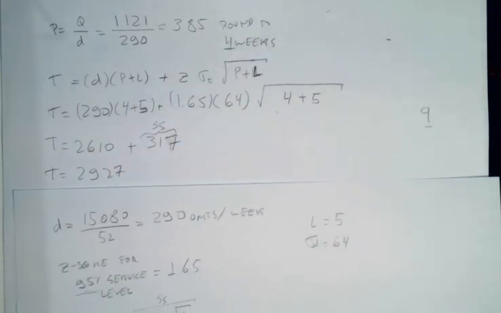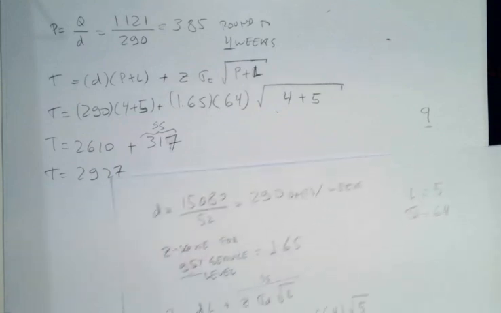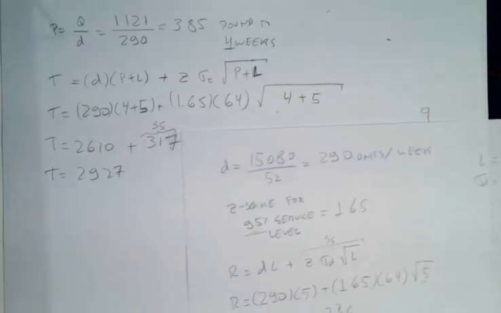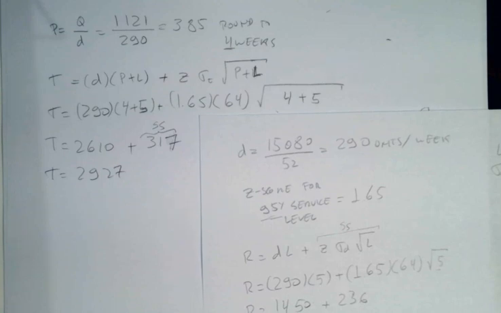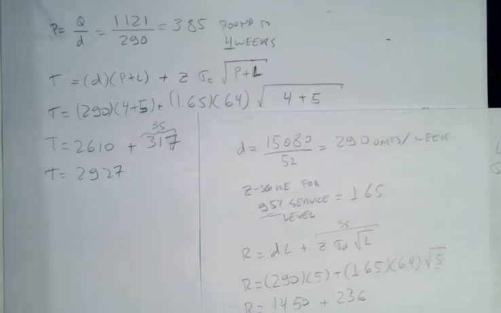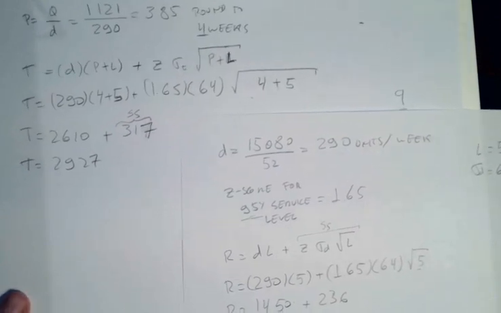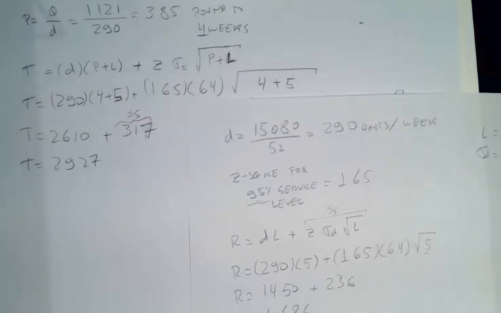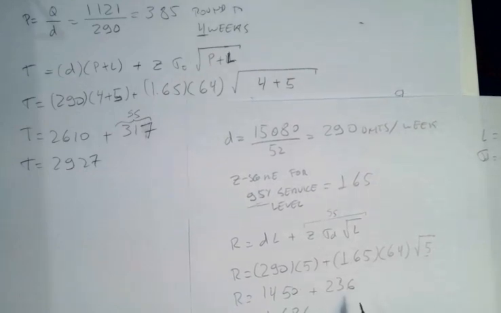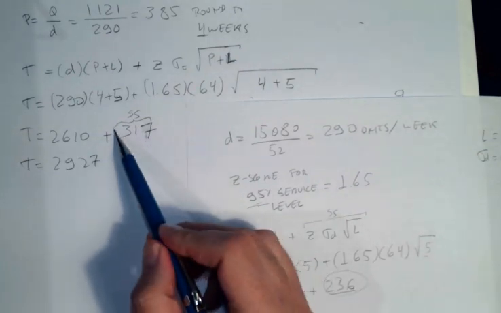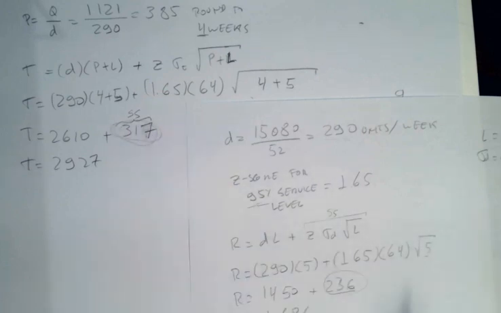For the Q system, I'm going to cover my 9, but you guys remember my 9. The safety stock for the Q system was 236. Now my safety stock for the P system is 317. So that's one difference between those two.